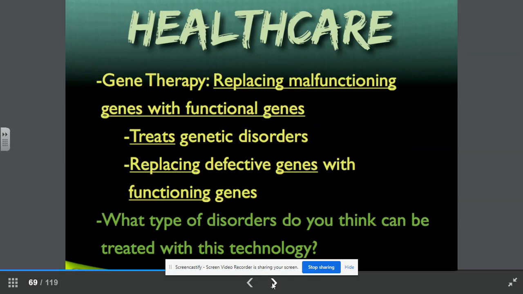Gene therapy. This involves replacing malfunctioning genes with functional genes. This enables treating of specific genetic disorders or replacing defective genes with functioning genes. What type of disorders do you think can be treated with this type of technology?